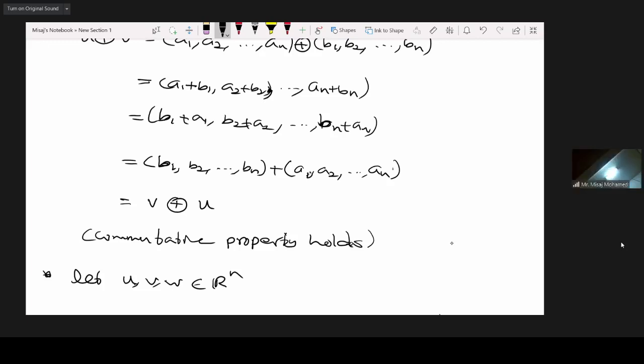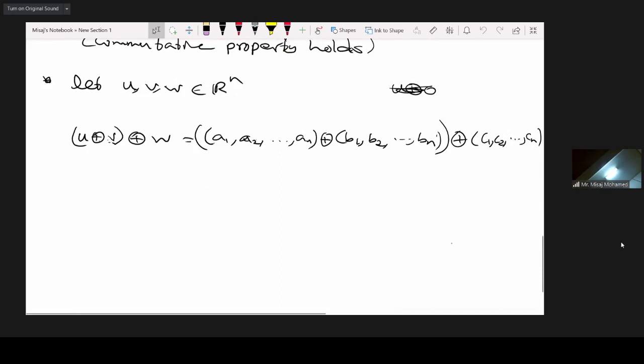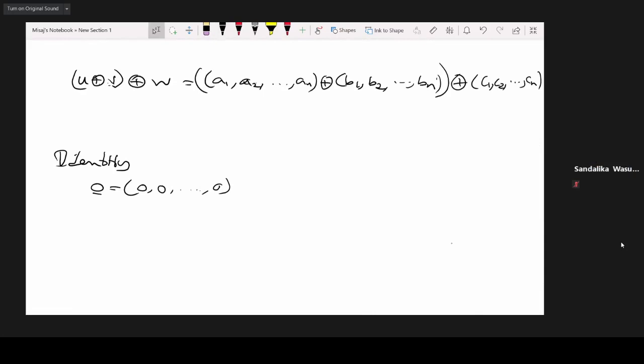So U plus 0 equals U. The zero element is in the form 0, 0 up to 0. No, sir, don't put 0, 1, 0, 2. Just all 0. Understand? Right.